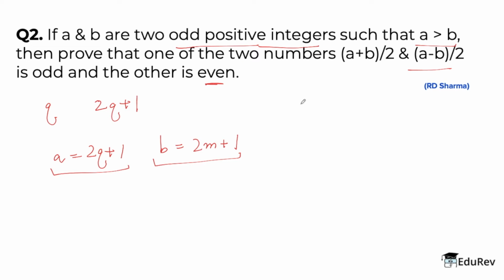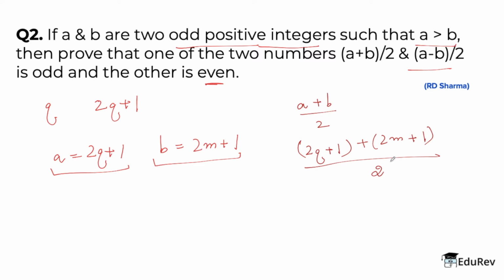Can I say that (A plus B) by 2 is nothing but (2q plus 1 plus 2m plus 1) by 2, correct?